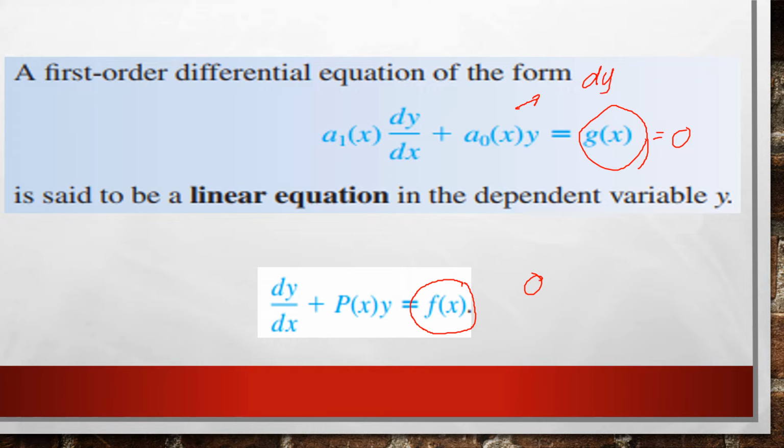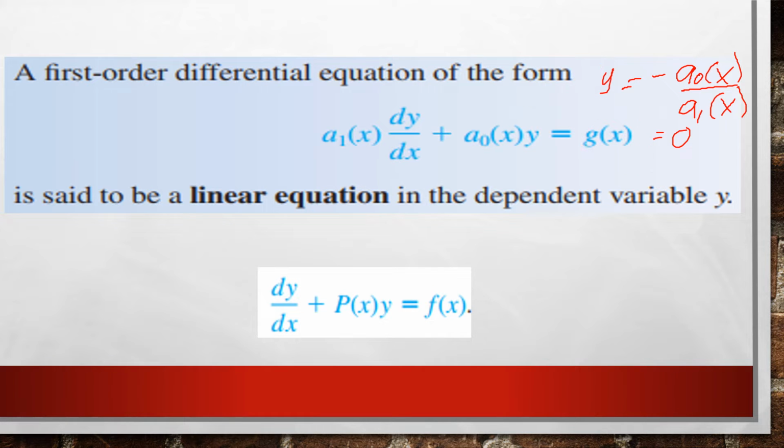Remember that dy is equal to negative a0(x) over a1(x). Now in a homogeneous equation there are different approaches on how for you to calculate the solution to a problem.